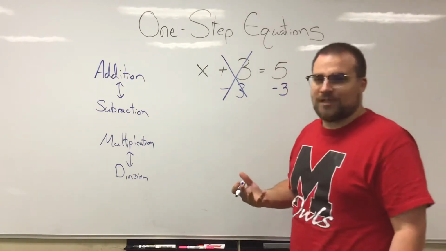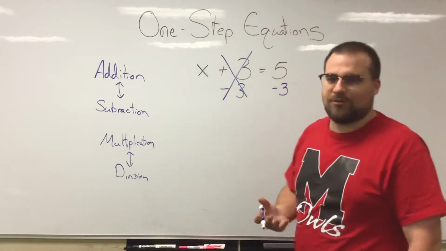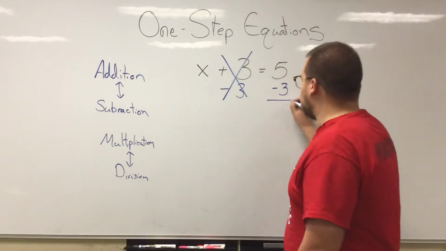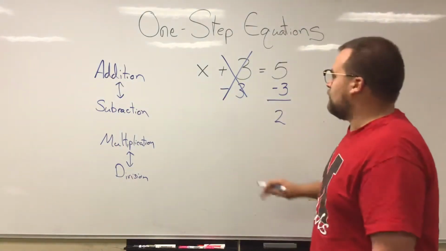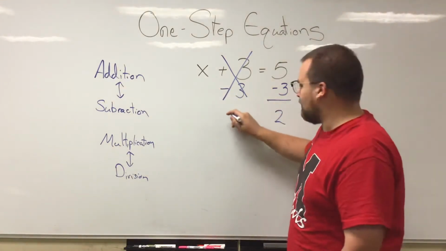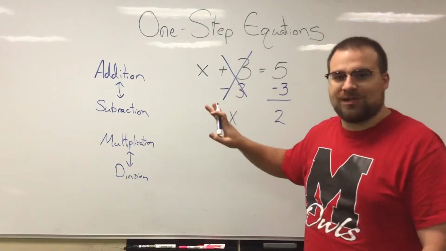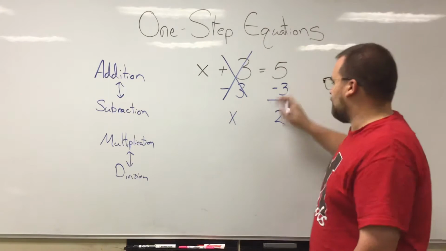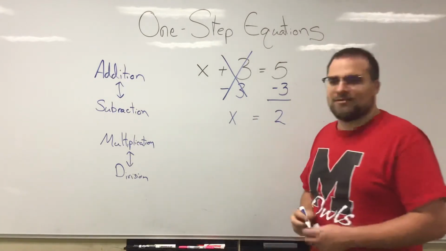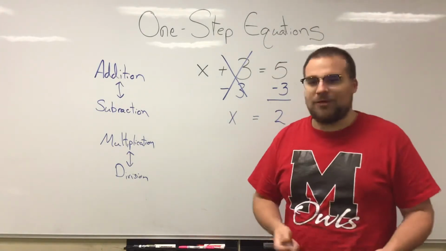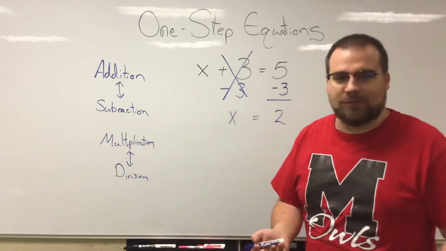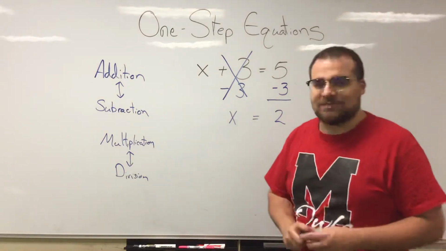We can look at that just like any other expression we've ever worked with. Well, 5 minus 3 is 2. So we have just x left on this side of the equal sign because we used our inverse operation to get rid of 3, and we just have 2 left on that side of the equation. And there we go. x equals 2, right? It's as simple as that.